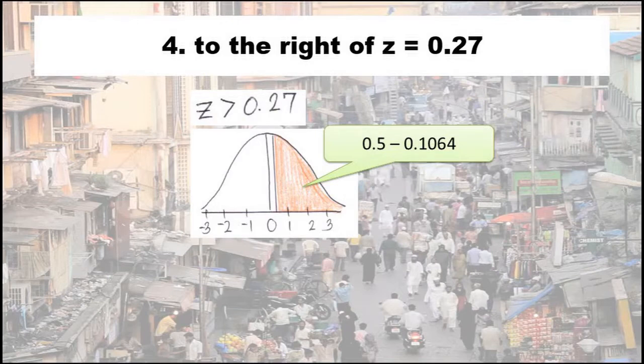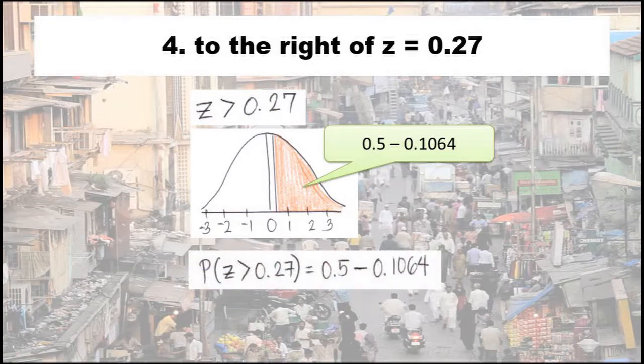So the probability of z greater than 0.27 is equal to 0.5 minus 0.1064. So the probability of z greater than 0.27 is equal to 0.3936.